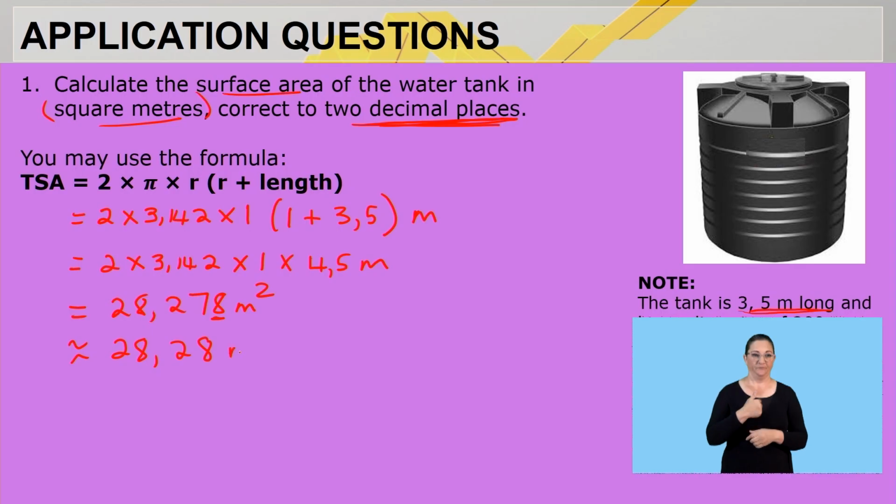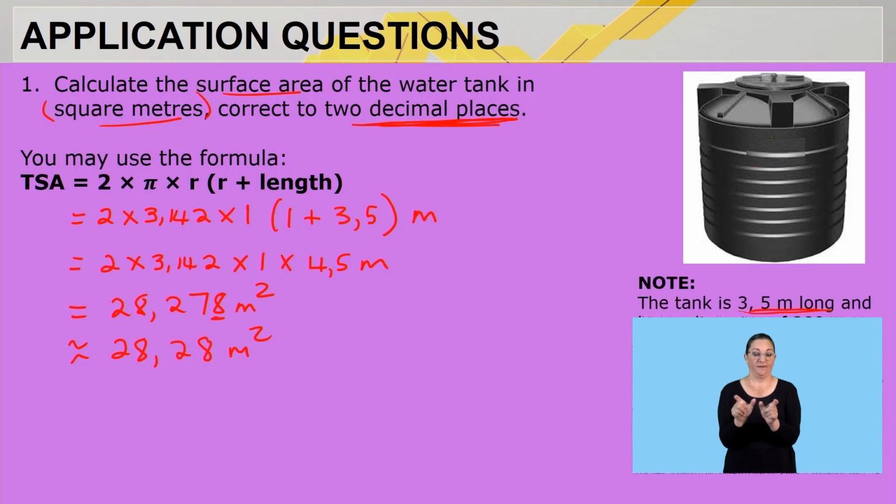Guys, are we clear? So looking at this, actually quite straightforward. We had to convert our diameter from centimeters to meters. And thereafter, we know the formula was given. What is my aim now? I needed to substitute by saying 2 times 3.142. I converted my diameter from centimeters to meters, and then I divided that by 2 to get my radius, and we found that to be 1. Substituted 1.